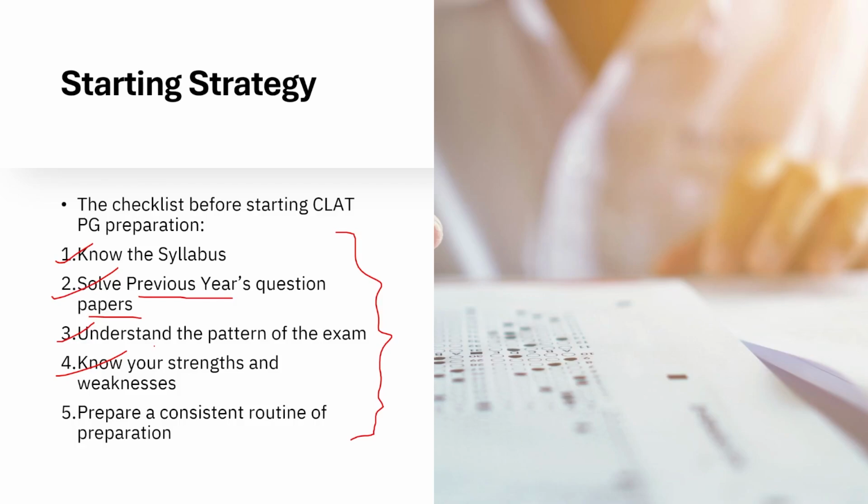Suppose your constitution is weak, but your jurisprudence is good. Rarely this is the case, but for example, if this is the case, then you need to give more time to constitution, because both these subjects are of equal importance and getting a decent score in these two subjects is critical for you to score a good rank in the CLAT PG examination.